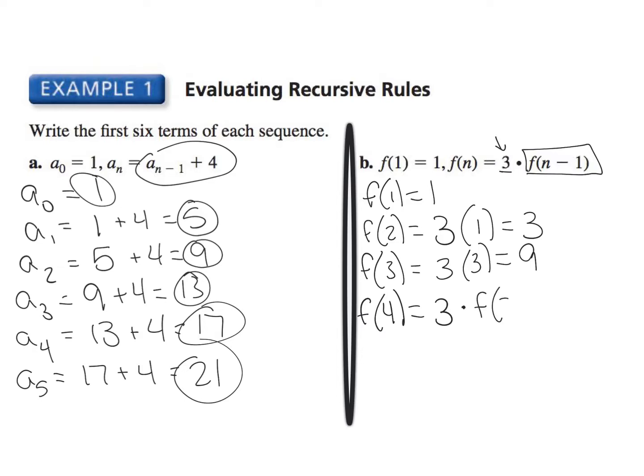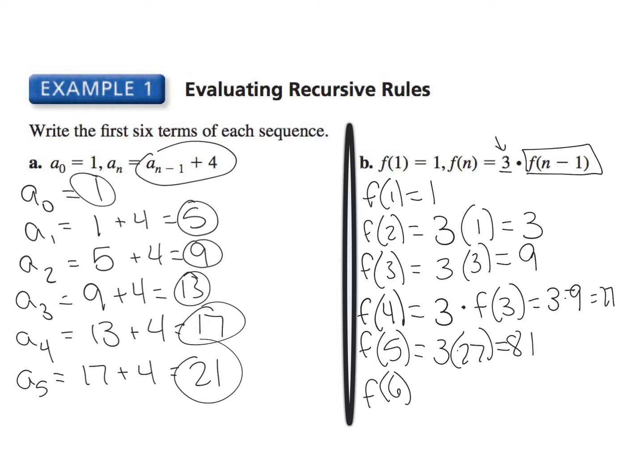So that's f of 3, which now I can say that's 3 times 9, which is 27. F of 5 is 3 times 27, which is 81. And f of 6 is 3 times 81, which is 243.